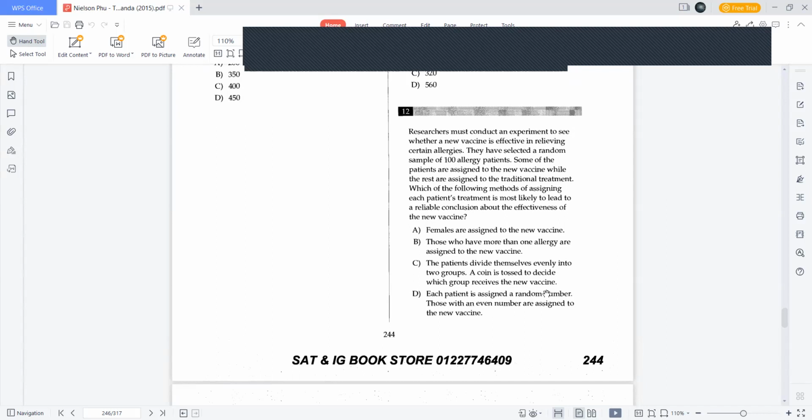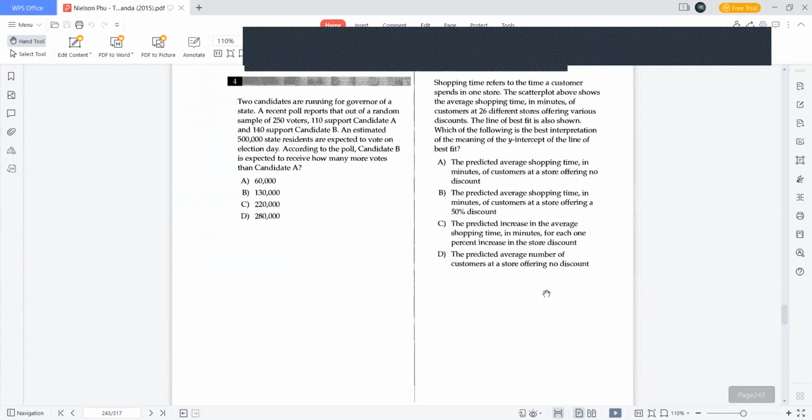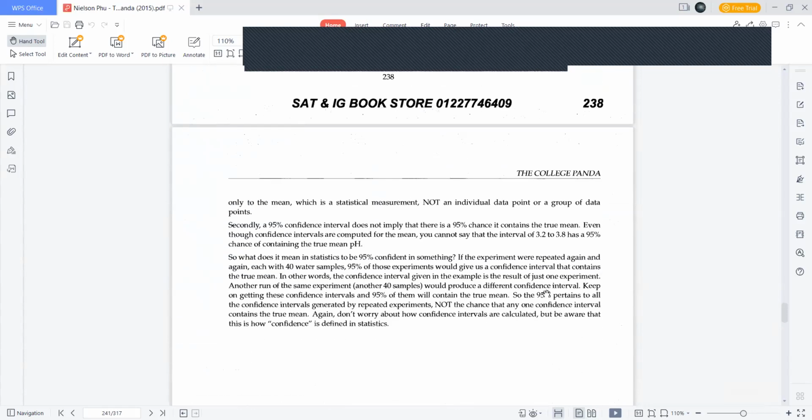I feel like if there's a random number, there's no guarantee that there's an even number in each group. But I'm not sure. I would check the answers for this one. Or maybe, huh? I get how you get that. It's finally making sense now.